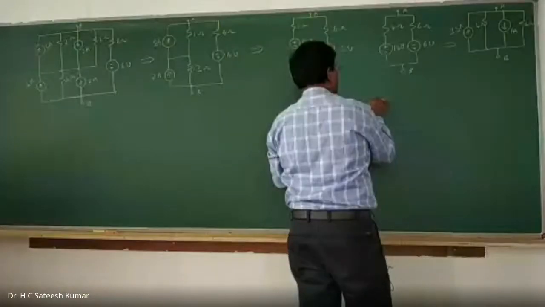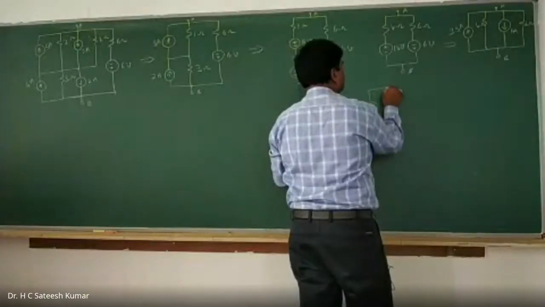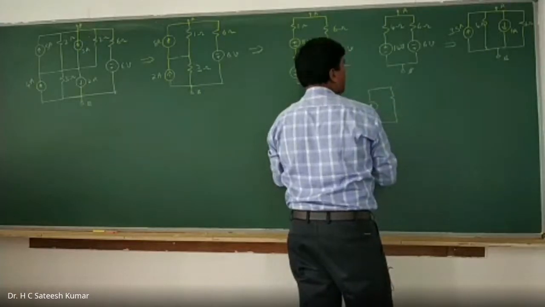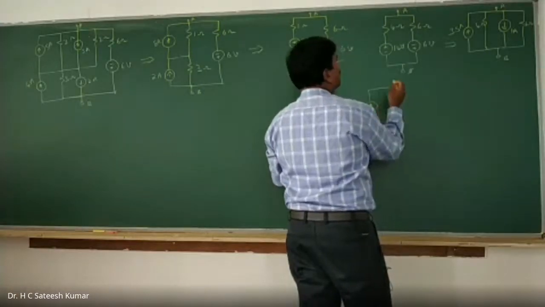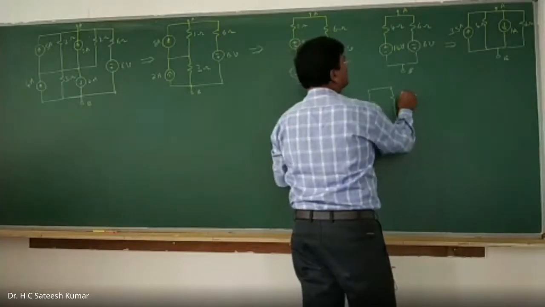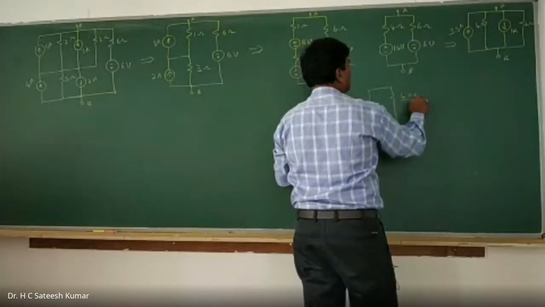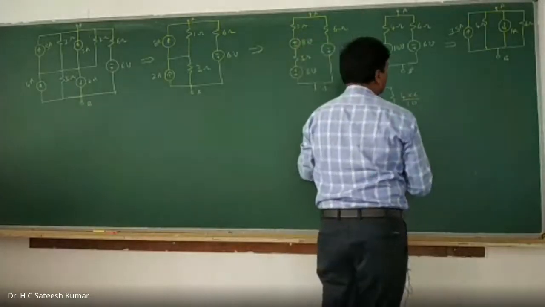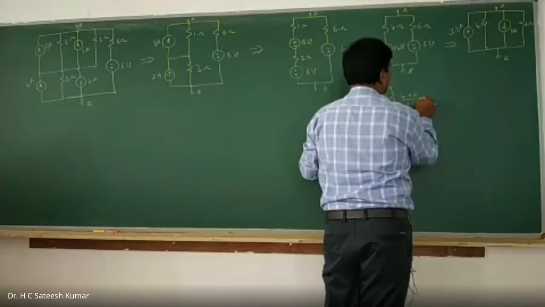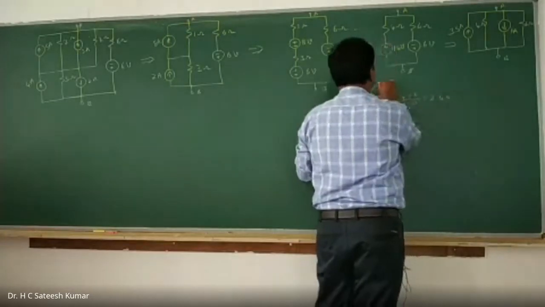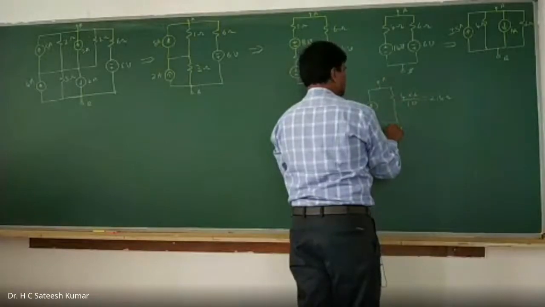So therefore, we'll get 2.5 amps and the resistance which is in parallel. Upwards, 2.5 amps. Resistance is 4 into 6 divided by 4 plus 6, which is 10. So therefore, what will you get? 2.4 ohms, you will get it. So this is A, this is B.